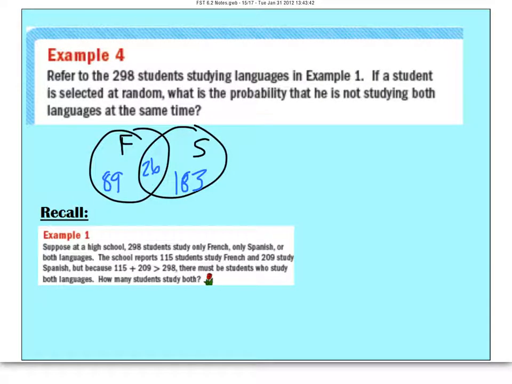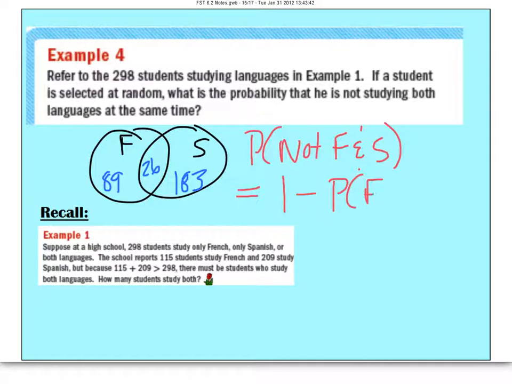Now let's refer back to those 298 students that were studying French and Spanish. If a student is selected at random, what's the probability that he is not studying both languages at the same time? So the question is, what's the probability he's not French and Spanish? An easy way to find that is to do 1 minus the probability that he does speak French and Spanish.